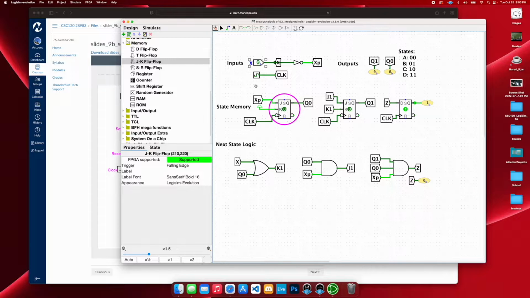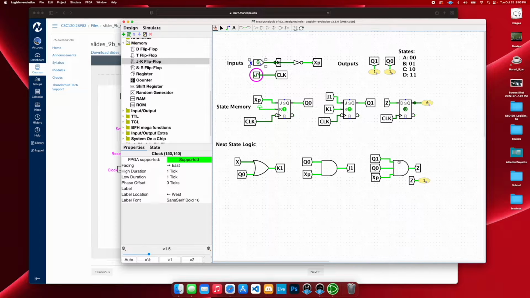Let's talk about a sequence where we can get our output Z equal to 1. We have two state codes here, Q1 and Q0. There's only one case where we can get the output to be equal to 1: our outputs Q1 and Q0 need to be in state D, where they're both equal to 1. By cycling this clock, I could get both of these flip-flops set equal to 1, and make sure our input is set to 0.